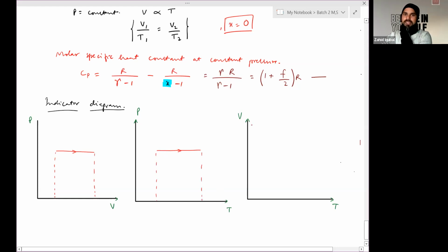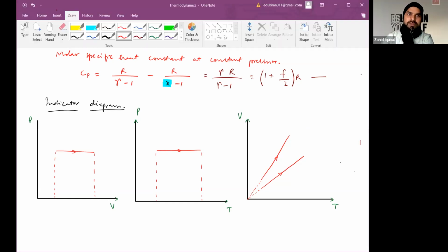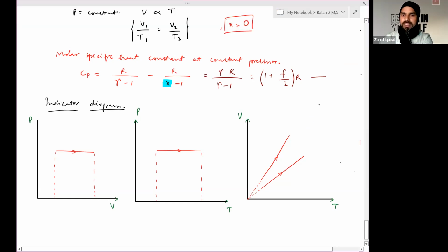For the third part, since volume and temperature are directly proportional to each other, the curve will be a straight line like this. For some other value, some other straight line like this. Related to this part, you will be asked which one of these two curves has higher pressure. Let me show you how to solve. Just write the ideal gas equation, PV equals nRT.